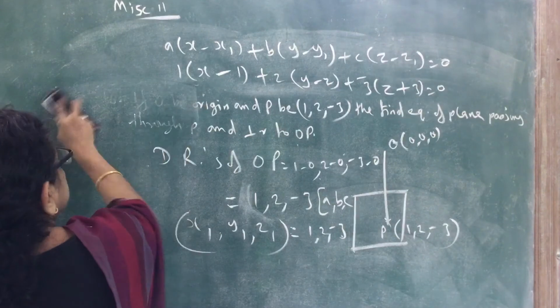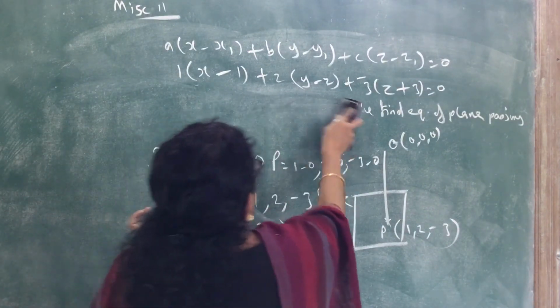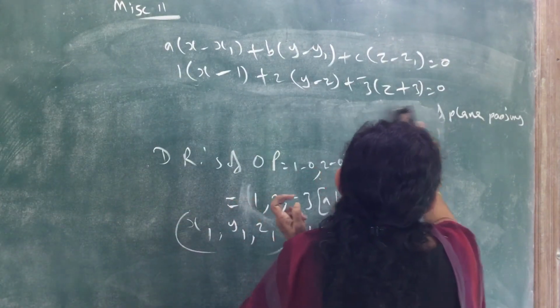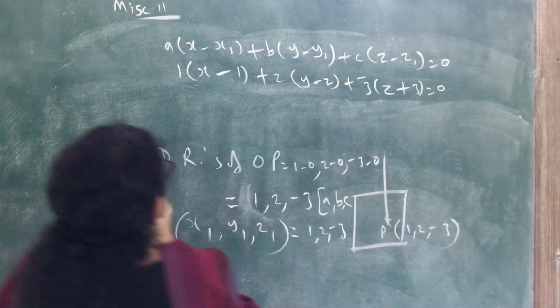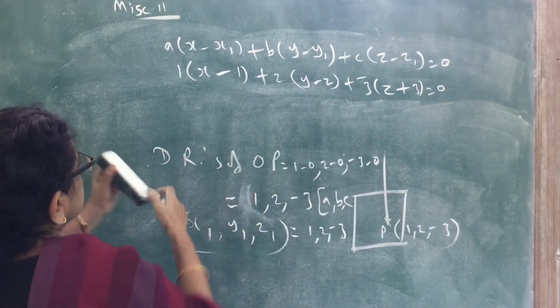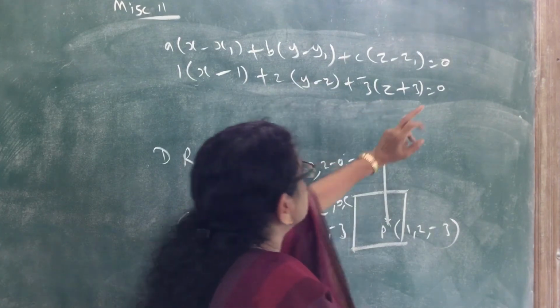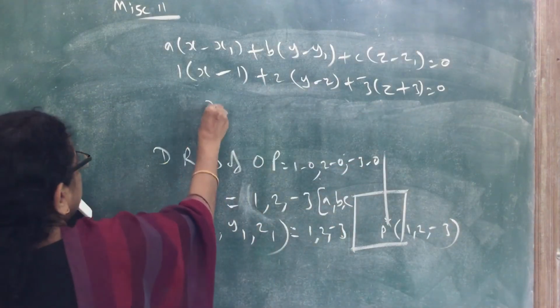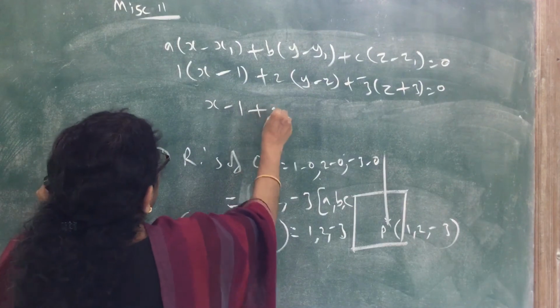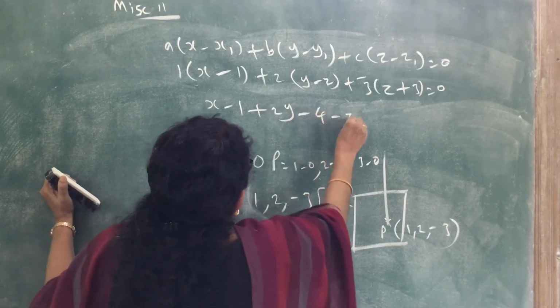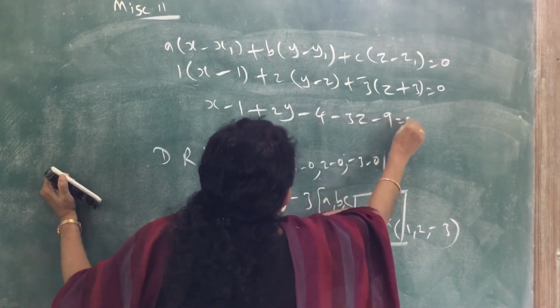Now simplify. So x minus 1, y minus 2, z minus 3. Now that is x minus 1 plus 2y minus 4 minus 3z minus 9 equal to 0.